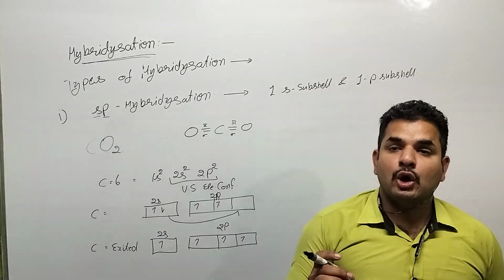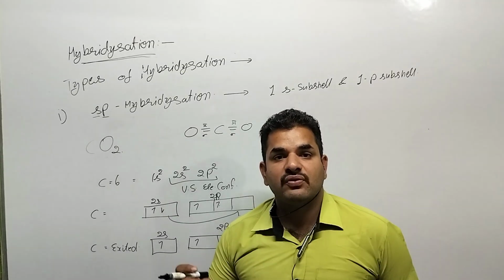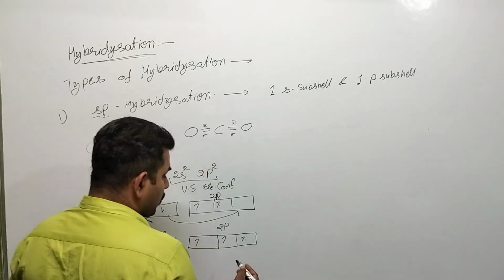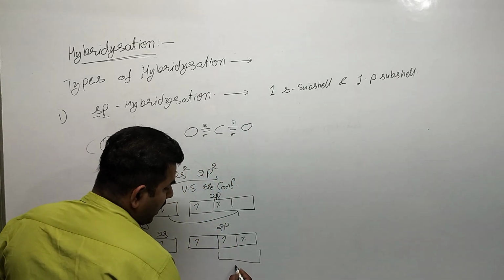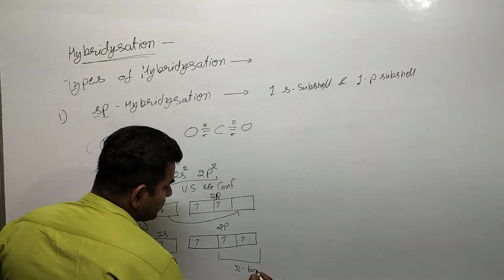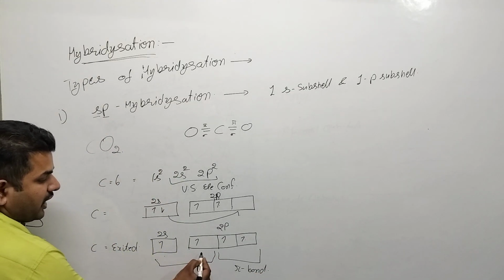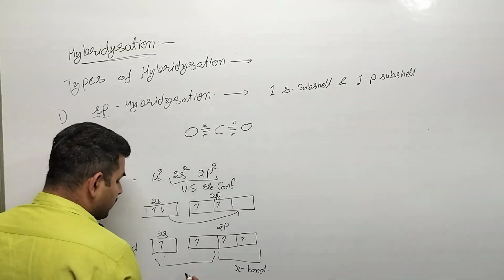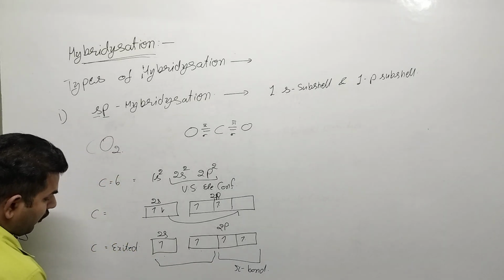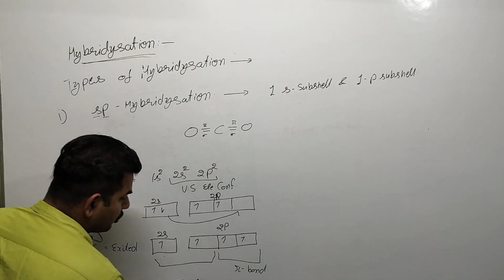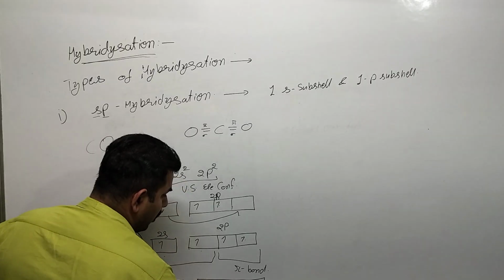If it is not able to complete its valency with another atom, then it forms the pi bond. So two orbitals are used in pi bond formation, and one s and one p orbital form sigma bonds with the oxygen atoms, one sigma bond with each oxygen atom.